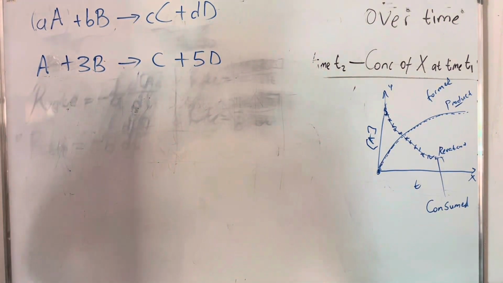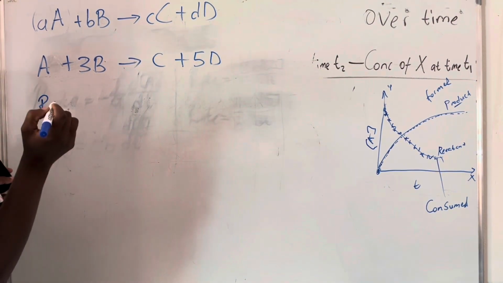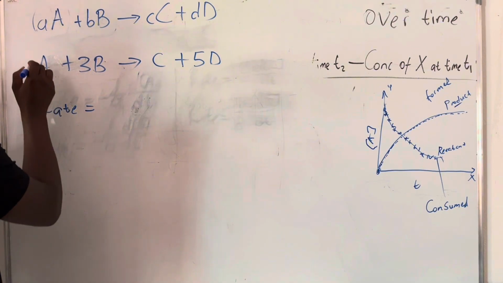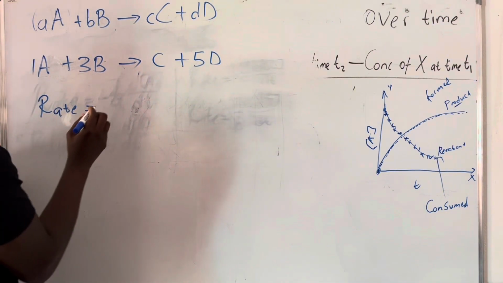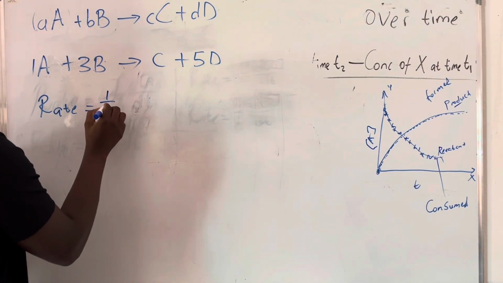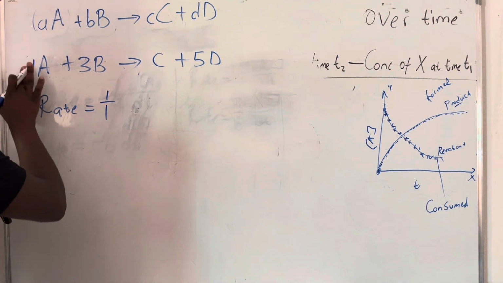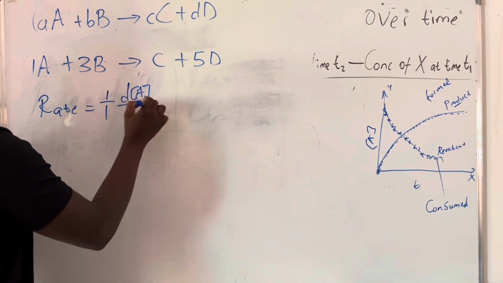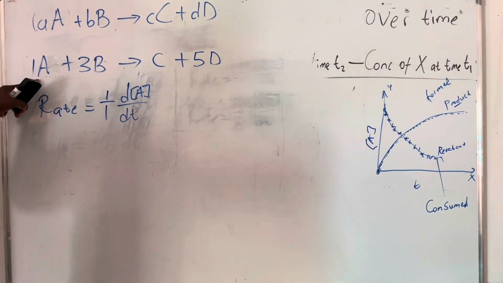Let's look at it in this manner. So what will be the rate? As far as A is concerned, you can pause the video and work it out. The rate is equal to, we have 1 here, it's just that we don't write it. It will be 1 over 1, then dA over dt.